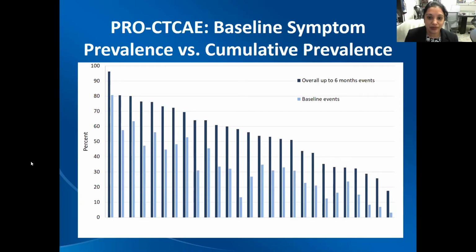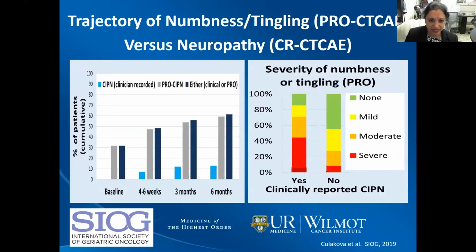And the burden increased over 6 months on average for each of the items that I presented on the previous slide. So a very high prevalence of fatigue, for example, 95%. So we're seeing a really high symptomatic burden in older patients with cancer, with aging-related conditions. And how to tease the cancer burden out from treatment burden is important for future work.